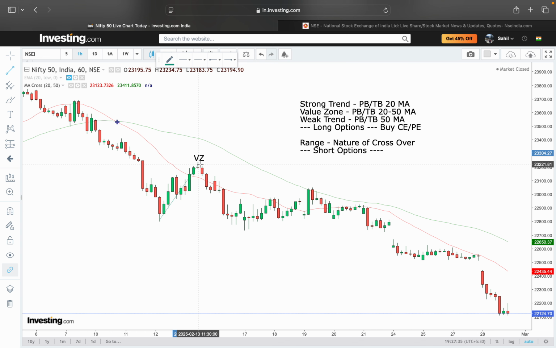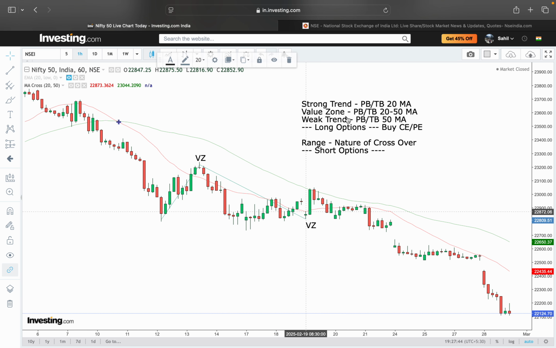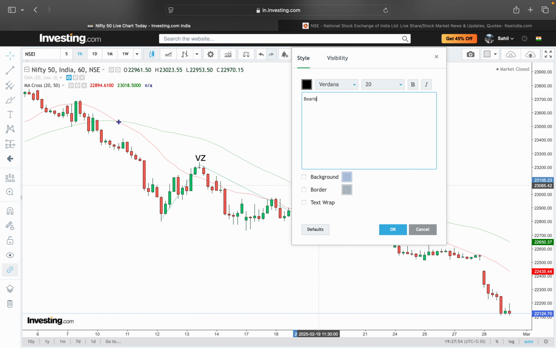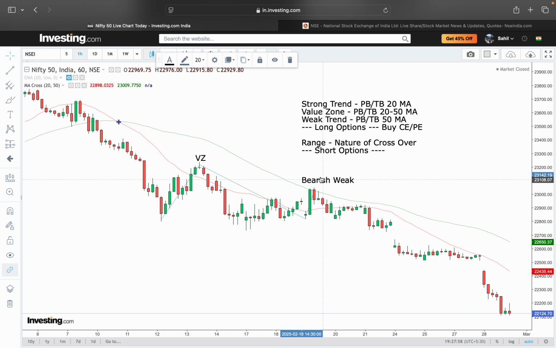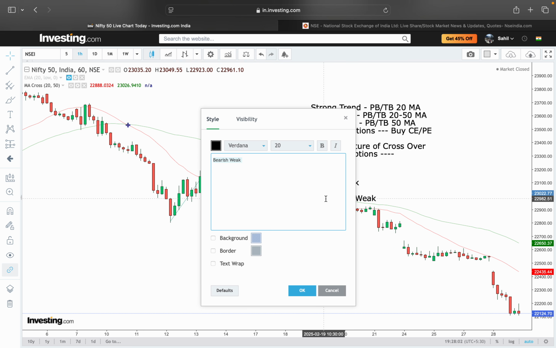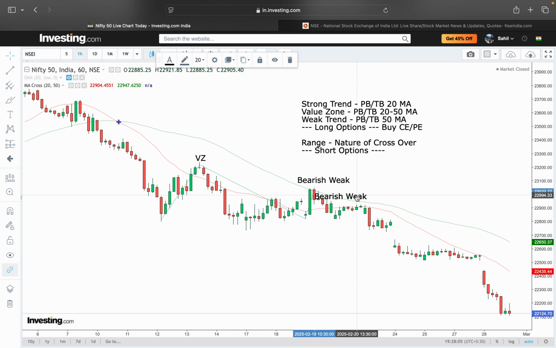Subsequently, we can show that this security adopted a range for the longest time till finally it retested, but this time the 50 moving average, making it a bearish weak security. Subsequently, this stock once again came to the previous lows.